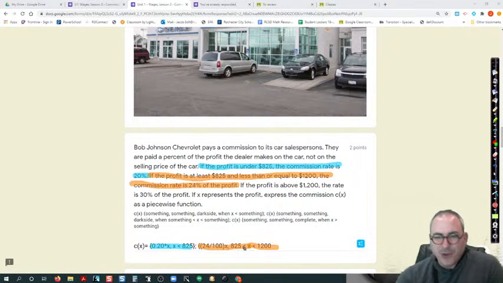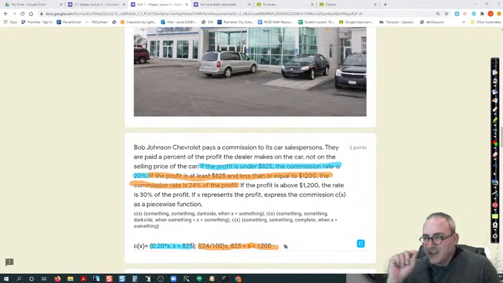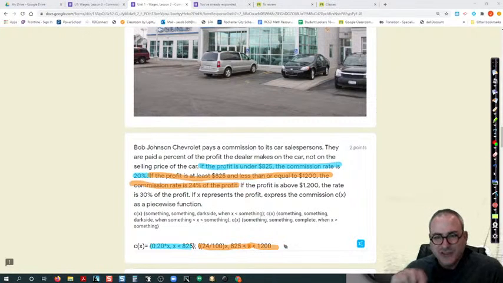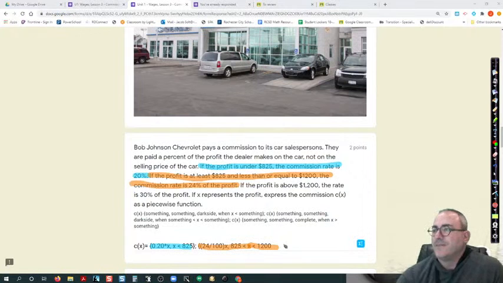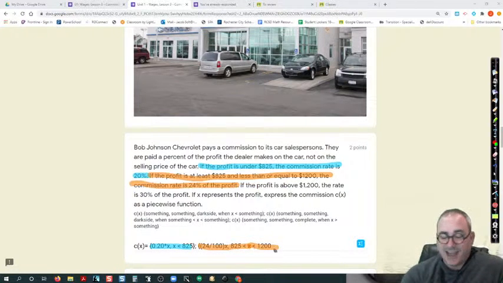Now this is not perfect, because technically there should be some less than or equal to signs going on here, right? You see that? Or equal to? This is just less than 1,200. I should have a little line underneath here. I don't know how to make a little line that goes under here to say that x is greater than or equal to 825 and x is less than or equal to 1,200.